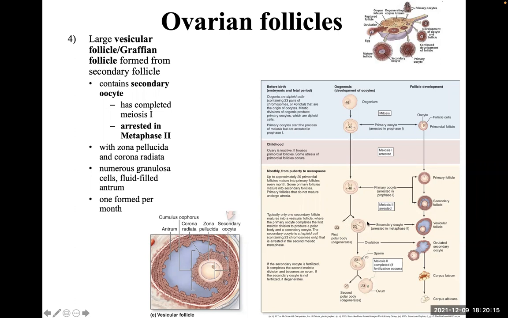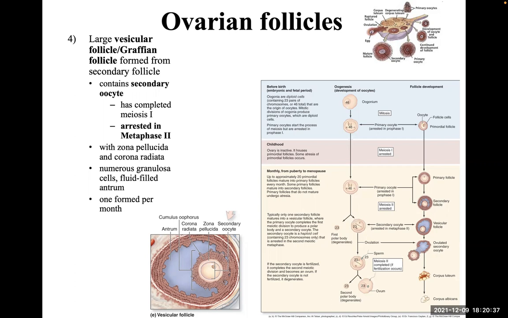Another thing that makes this situation different from male reproduction is that in finishing meiosis 1, only one of these 2N haploid cells is functional. The other one is what we call a polar body, and polar bodies are not really well understood. They're small, they're not functional cells.